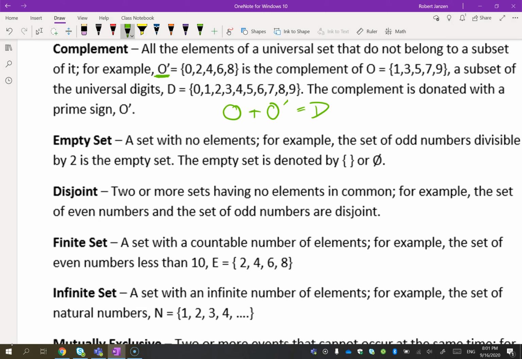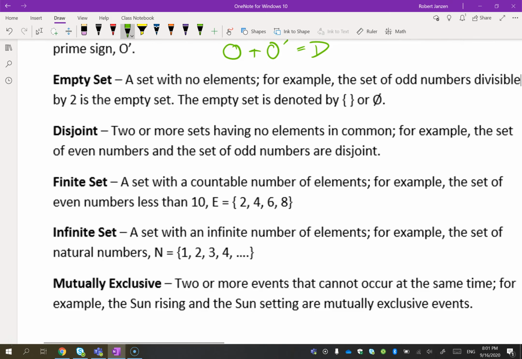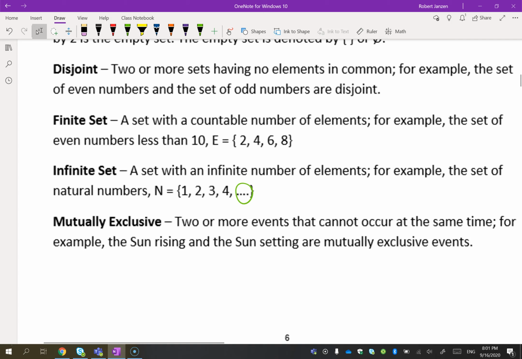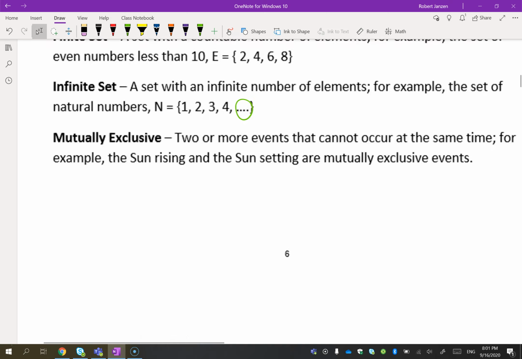For example, the even numbers and odd numbers are disjoint because they have nothing in common. A finite set ends, it doesn't continue, whereas an infinite set continues, denoted with those little dots. Mutually exclusive means 2 or more events that cannot occur at the same time, for example, the sun rising and the sun setting. Those are mutually exclusive events.